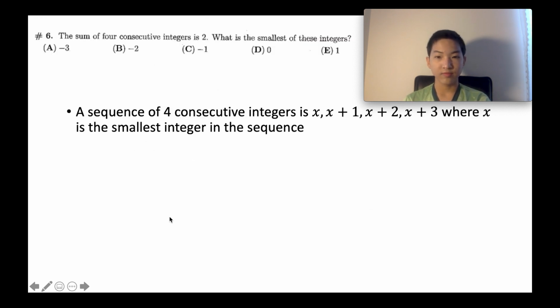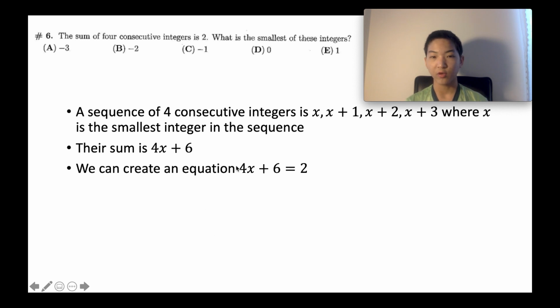For 6, we let x be the smallest integer in the sequence of 4 consecutive integers. Then the sequence would be x, x plus 1, x plus 2, and x plus 3. The sum of this sequence is 4x plus 6.